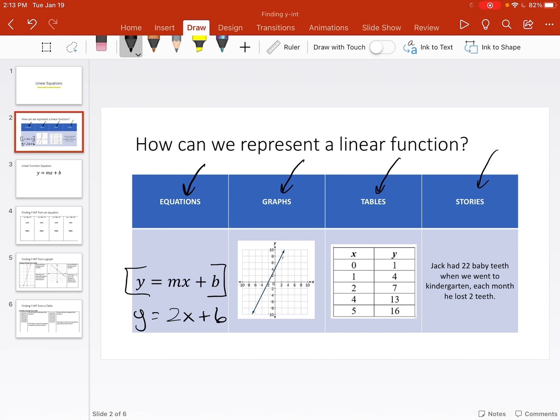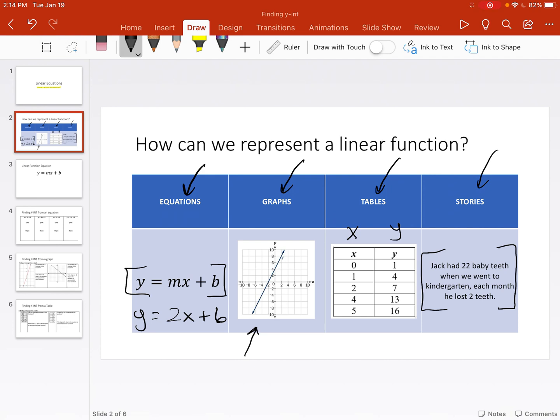Graphs, pretty self-explanatory. It'll look like a graph with a straight line on it somewhere. Tables, remember you always have an x and a y column, followed by numbers and a pattern. And then stories, word stories that we can pull information out of to form any of these other representations.